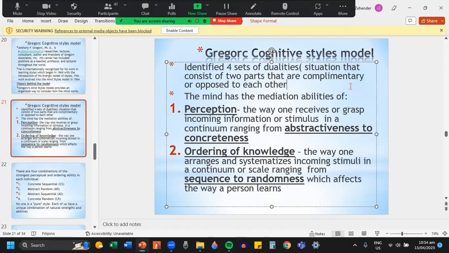So the way one perceives or grasps incoming information or stimulus in a continuum ranging from abstractiveness to concreteness. Okay, number two, ordering of knowledge. So the way one arranges and systematizes incoming stimuli in a continuum or scale ranging from sequence to randomness, which affect the way a person learns.